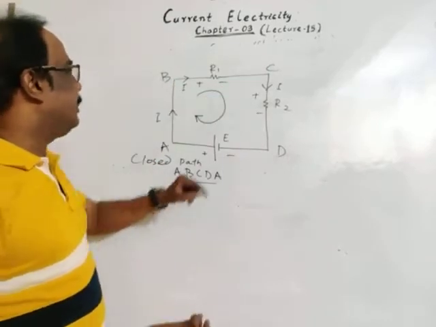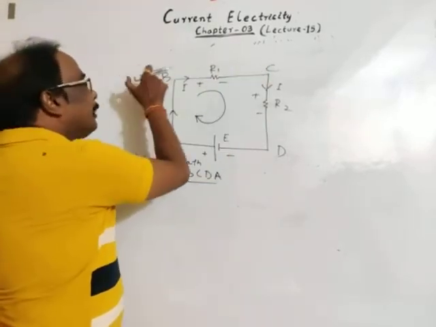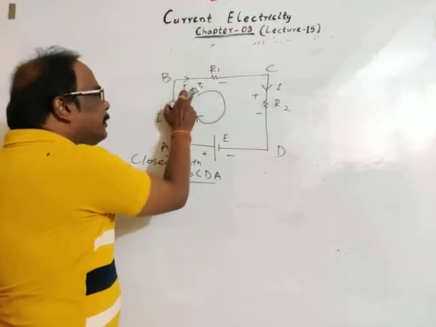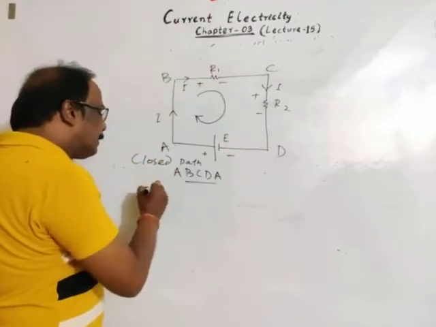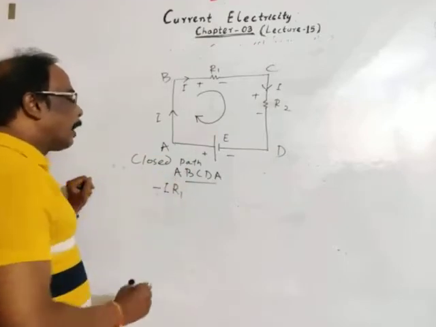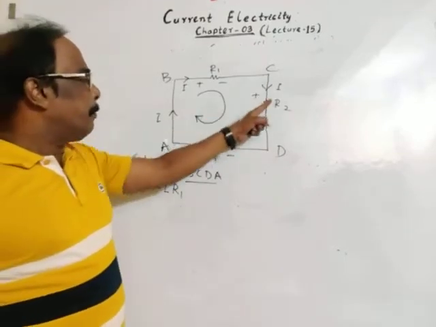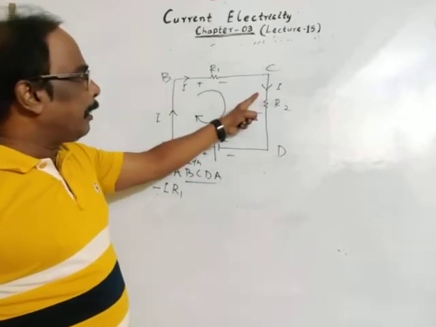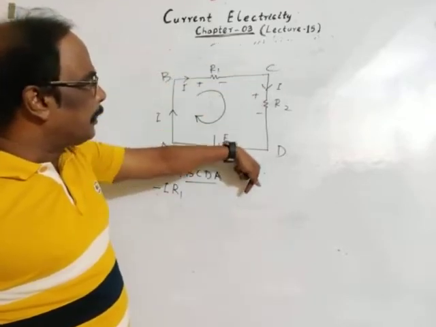From B to C, we are traveling from high potential to low potential, so minus, current is I, resistance is R. Then from C to D, again we are traveling from high potential to low potential.